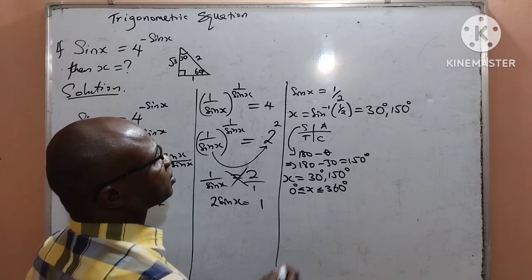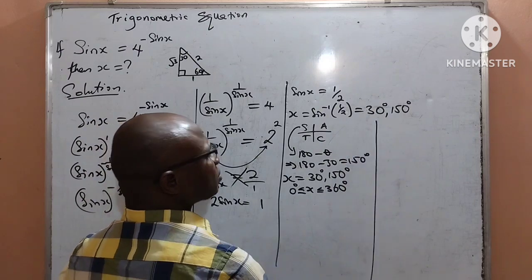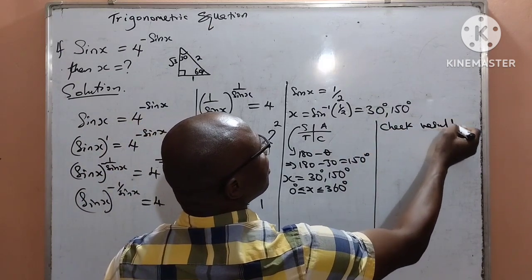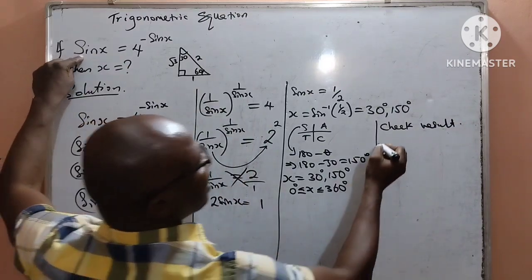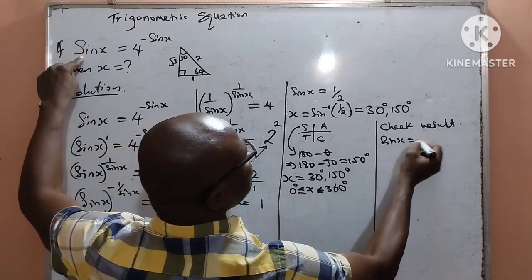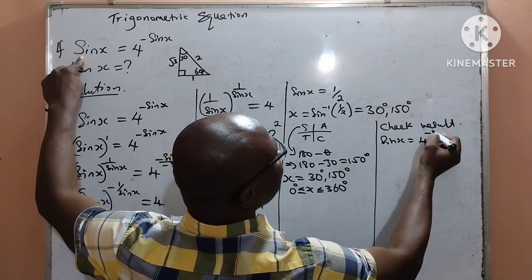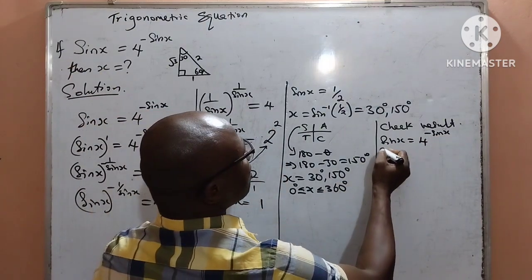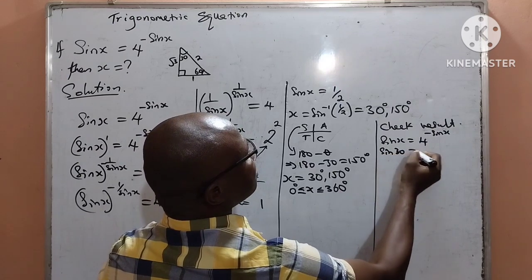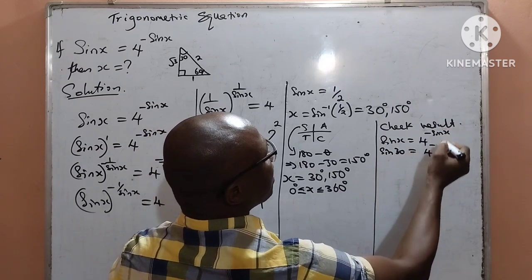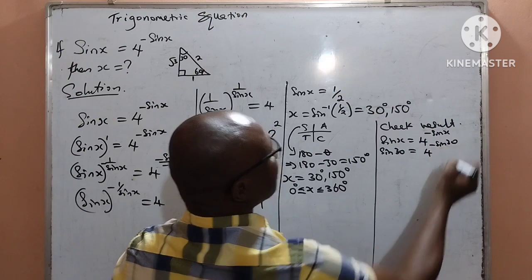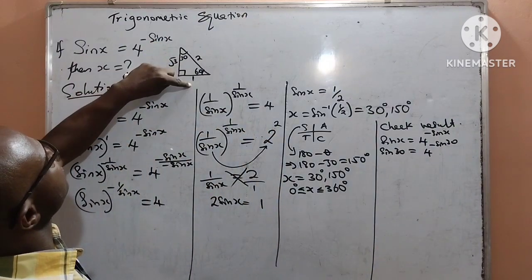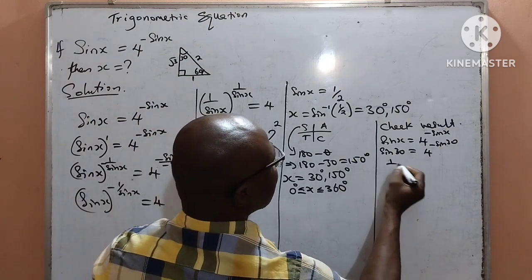A way to check the result: we are done, but we want to quickly look at the result. Check result. Now, I am given that sine x is equal to 4 to the power of minus sine x. So when my x is 30, I'll have sine 30 equal to 4 raised to power minus sine 30. And sine 30 is opposite over hypotenuse, which is half.